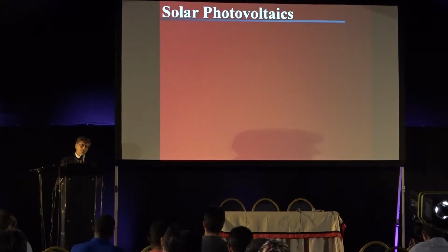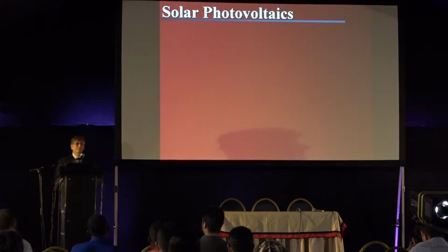So, as far as photovoltaics is concerned, by the way, in 1953, 54, a lot of things happened in nuclear power. Well, something very significant happened in solar also in 1954. That was the year that 3 scientists at Bell Labs produced a solar cell with 6% efficiency.